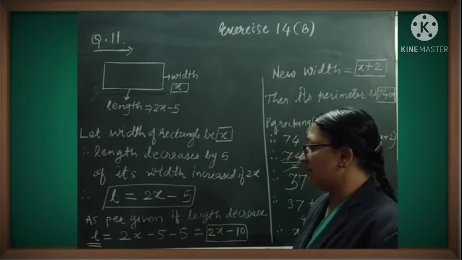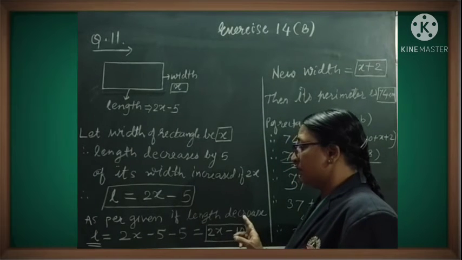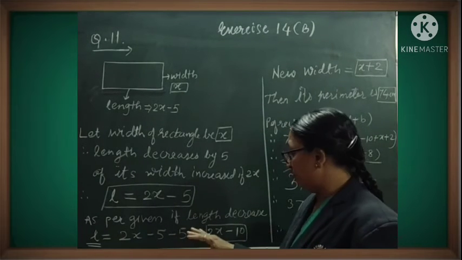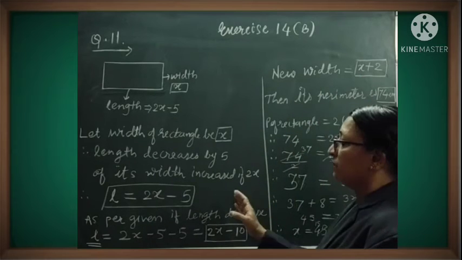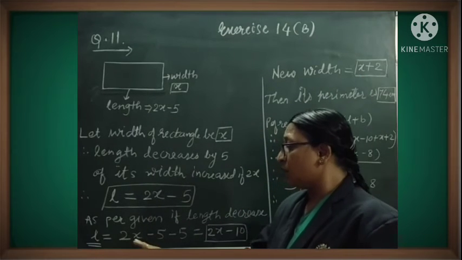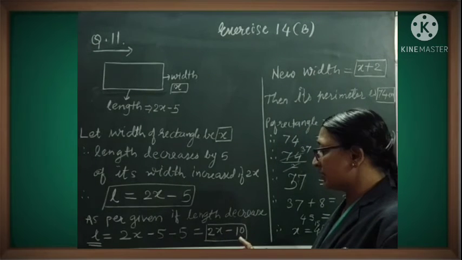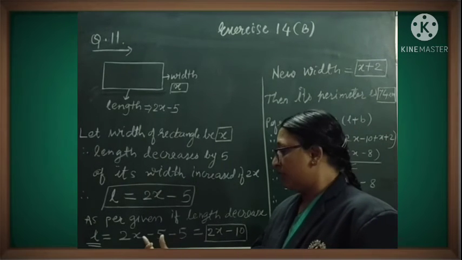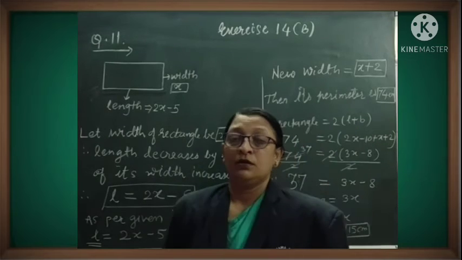As per the next given, length decreases further by 5 when the width increases by 2. So we get here new length as 2x minus 5 minus 5. That is 2x minus 10. Since these are both minus 5, equal to minus 10.